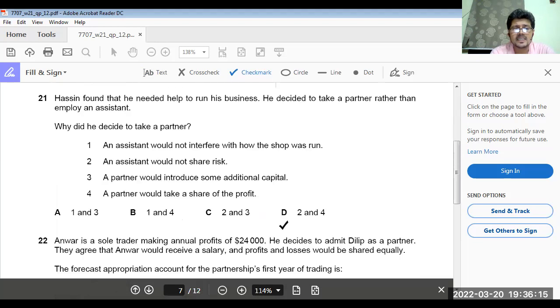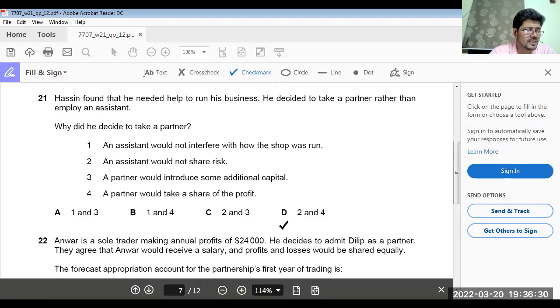Okay. Hassan found that he needed help to run his business. He decided to make a partner rather than employ an assistant. Why did he decide to take a partner? Now, he can employ an assistant, but he likes partner. Okay.